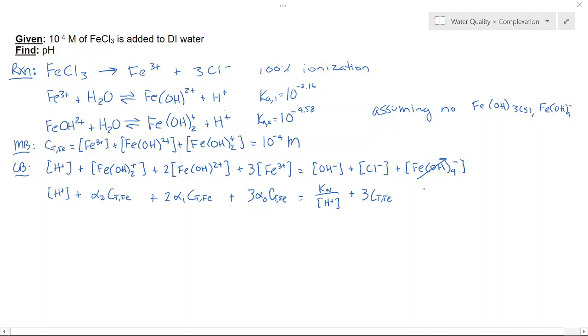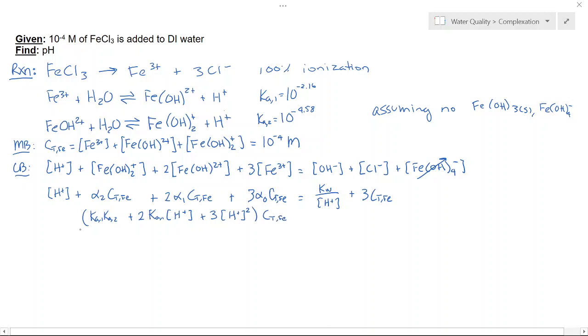And that's it. Okay, so I could start making substitutions for the alphas here. And so I'm going to have Ka1, Ka2. And I'm going to put all of these iron species together. And so this will be 2 times Ka1 times hydrogen ion, and then plus 3 times H plus squared, and then I'm going to factor out the CT value.